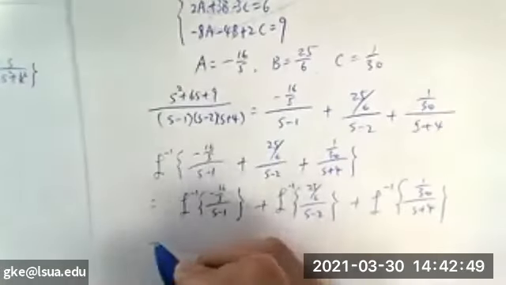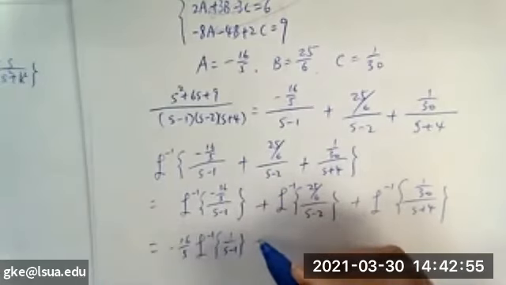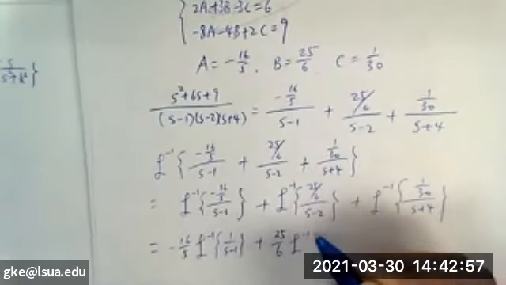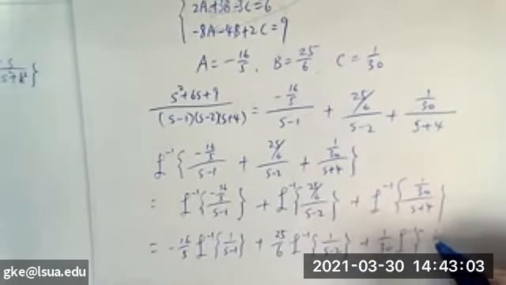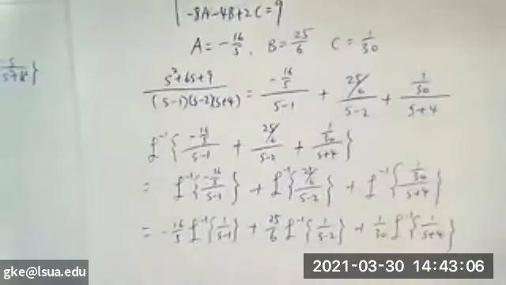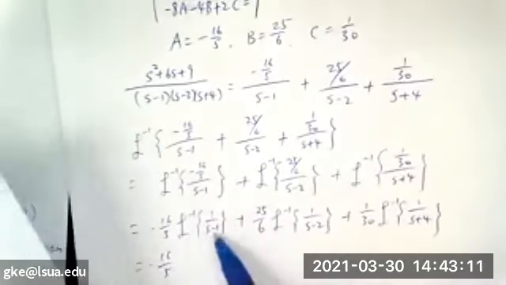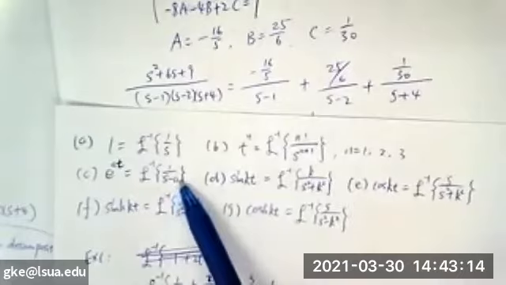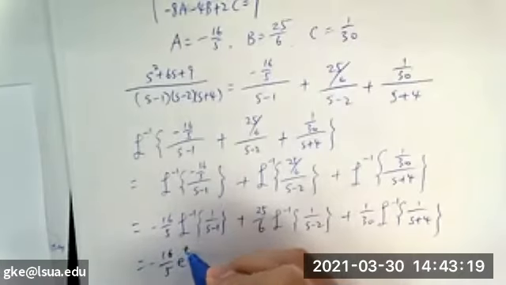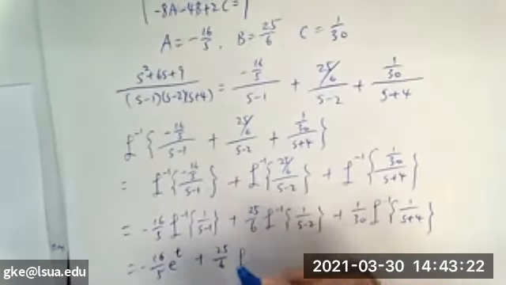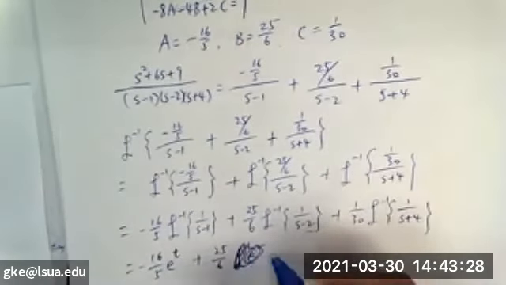So we can put a constant outside. Very good. And then follow the formula. Here A equals 1, right? So e to the power t. Here A equals what? It's 2, right? 2t.